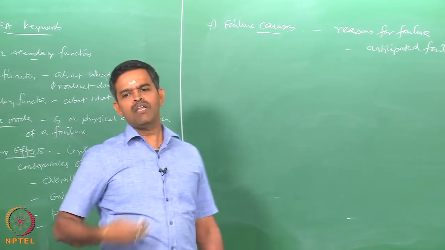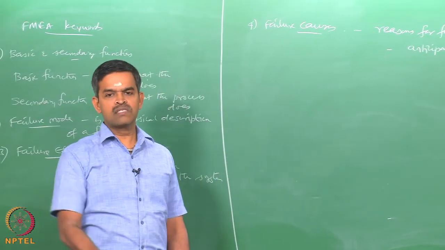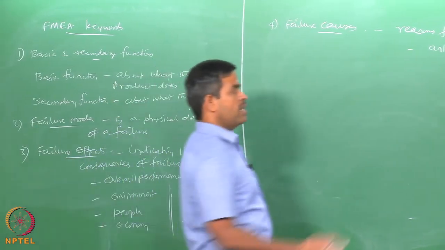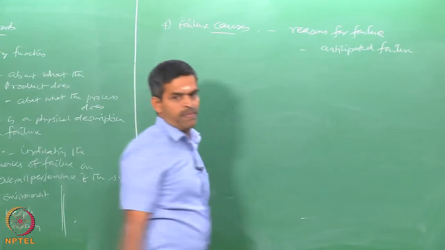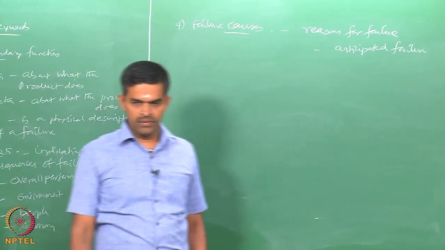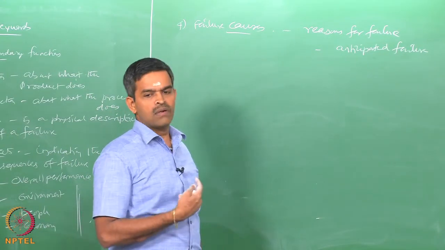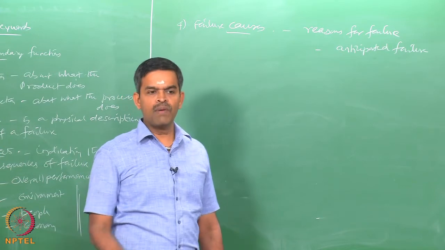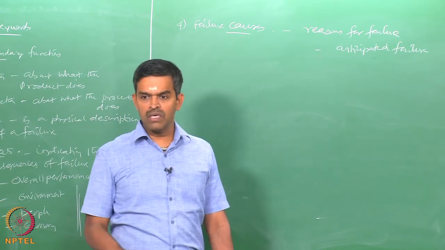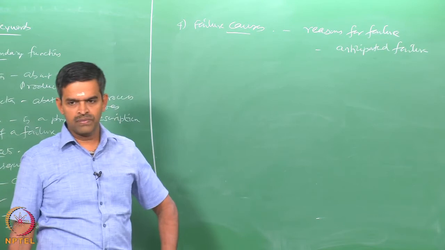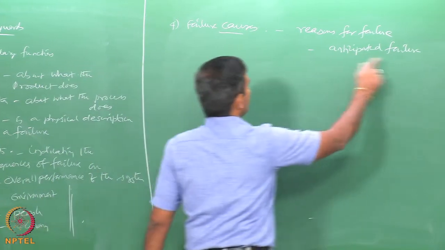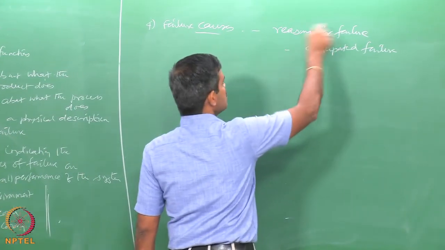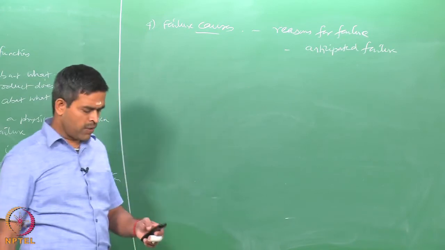It is a pre-evaluation of a product at the design stage itself. So, all failures are anticipated. If the valve does not open, if the sensor does not transfer output, if the microcomputer fails, all these are anticipated failures. Okay? So, anticipated failure, identifying the reasons for those failures, that is what the failure cause is.